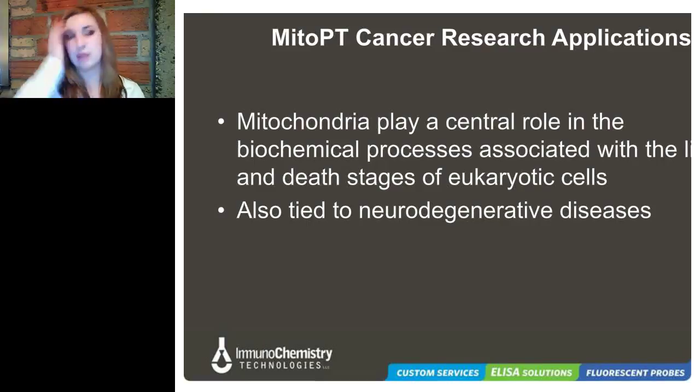But first, I'd like to talk briefly just about why looking at mitochondrial health is important in terms of different disease research. It's definitely important because the depolarization of this inner mitochondrial membrane can often lead to an opening of the mitochondrial permeability transition pore. This results in the leakage of intermembrane proteins that facilitate apoptosis.